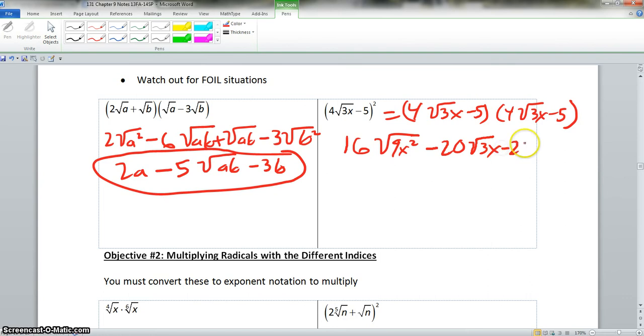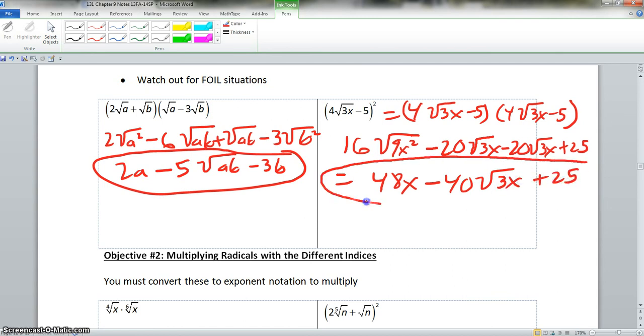Then we have minus 20 square root of 3x. And negative 5 times negative 5 is a positive 25. Now, the square root of 9x squared is 3x times 16 is 48x. And then this will be a negative 40 square root of 3x plus 25. And we're done.